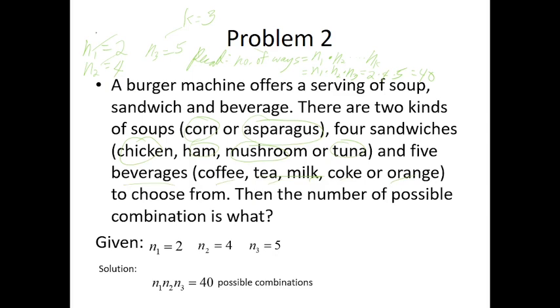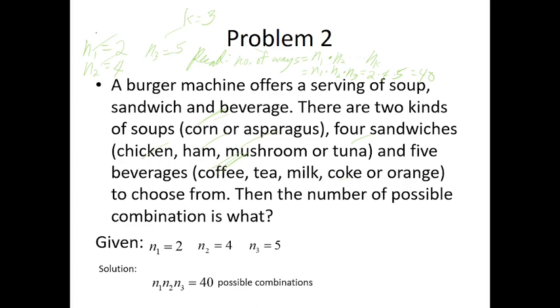So first, 1 out of 40, corn, chicken, coffee, that's one count. Next, corn, ham, coffee, another count. Then corn, mushroom, coffee, third. Corn, tuna, coffee, fourth.